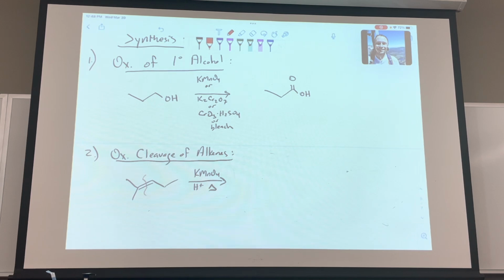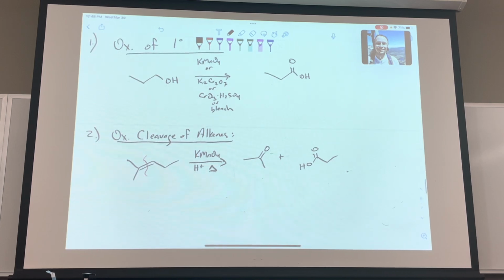Remember what this does is it just takes the carbon-carbon double bond and replaces it with a carbon-oxygen double bond. So the left-hand half of the molecule would give me a ketone, but the right-hand half would give you the carboxylic acid.